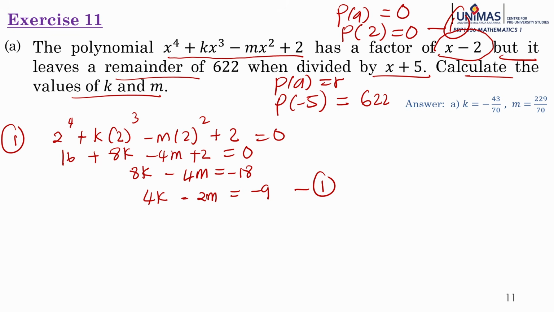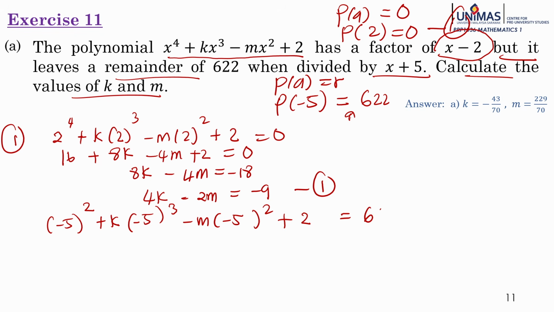And then we substitute the value of x equals negative 5. Do you remember the formula? This one. So we get negative 5 squared plus k negative 5 cubed minus m negative 5 squared plus 2 equals 62.